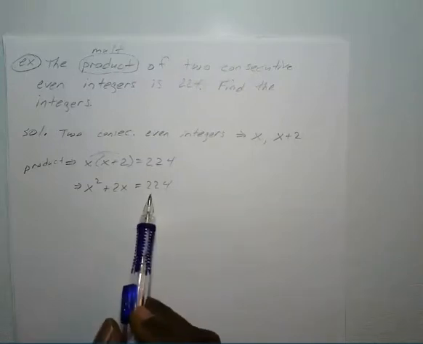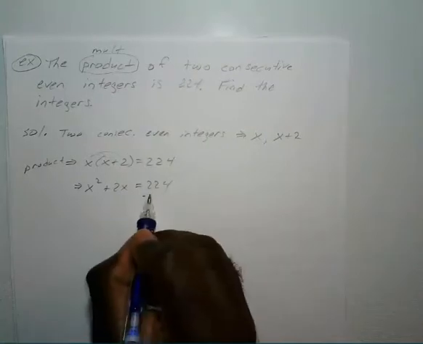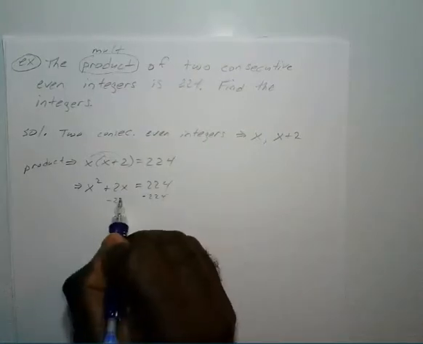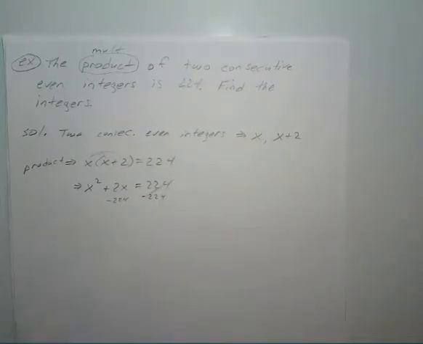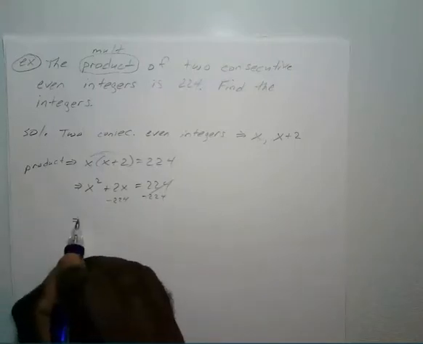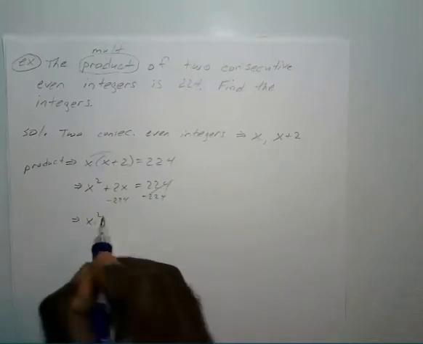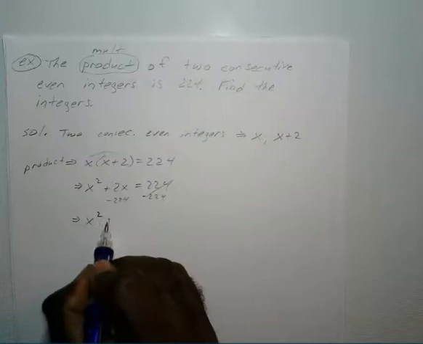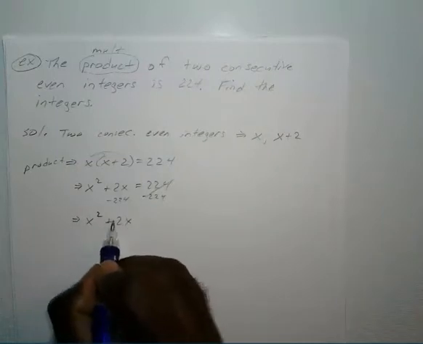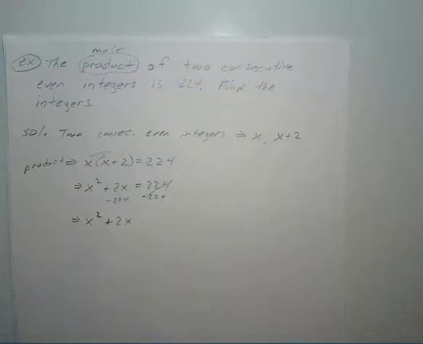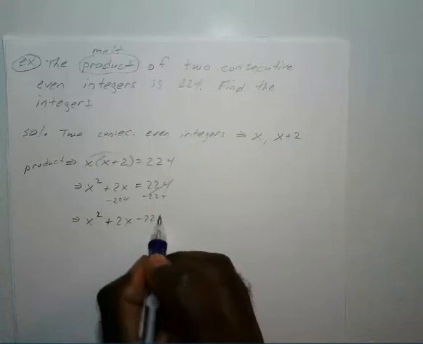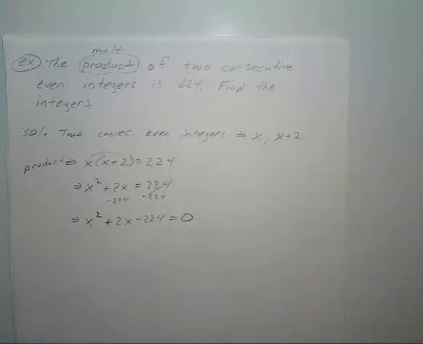We can't solve it like this, so we subtract 224 from both sides, where that cancels out. So we have x squared plus 2x minus 224 equals 0. Now that one we can solve.